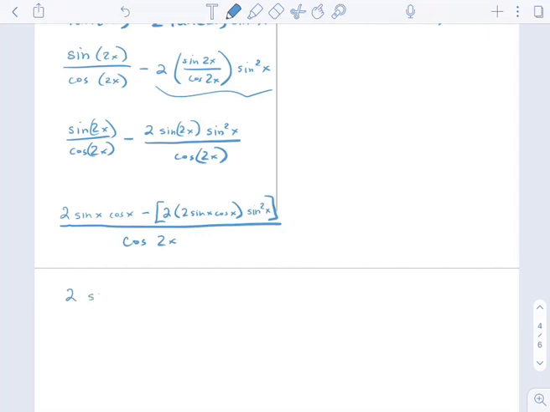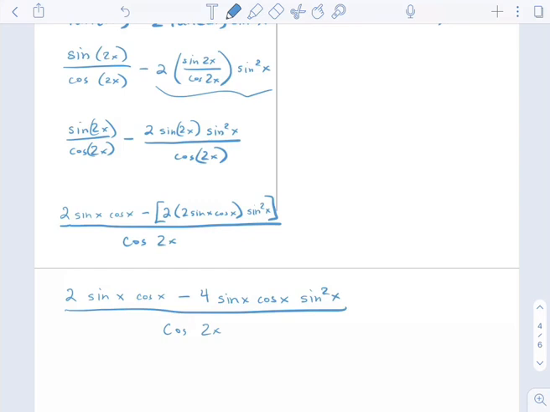So we have 2 sine x cos x, that's the left side, minus 4 sine x cos x sine squared x all over cos 2x. You can evaluate that one as well, but I'm going to leave it because I don't know what I want the cos 2x to be, whether I want it to be of the 3 formulas, whether the one with cos, sine, or both cos and sine, but we'll wait.